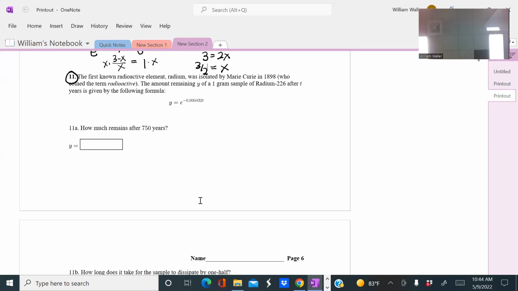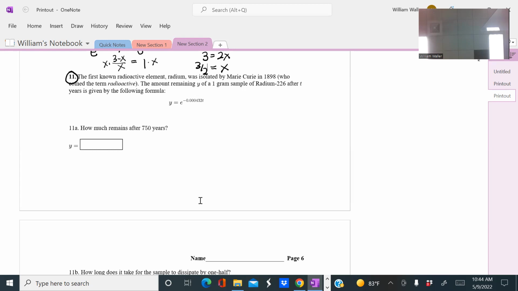And radium is radioactive, so the amount dissipates over time. It doesn't evaporate, though it's kind of like evaporating, but the radium atoms are actually breaking down.